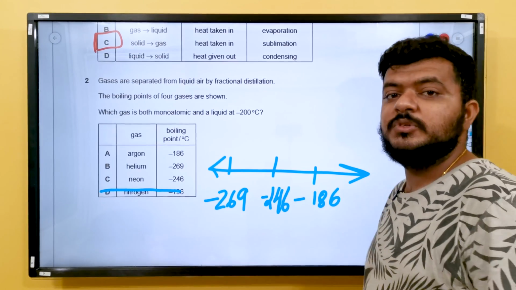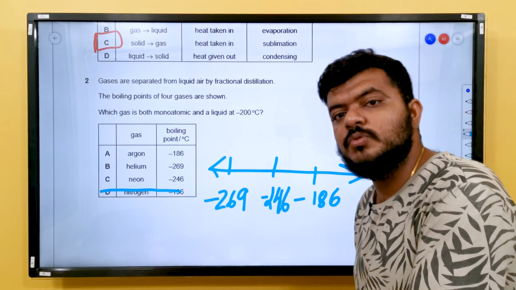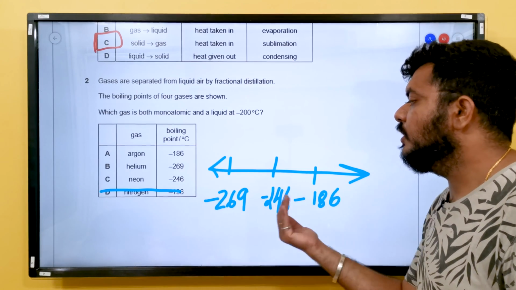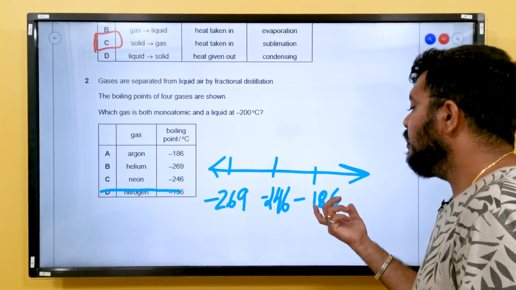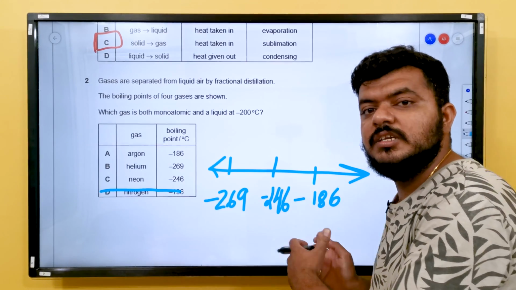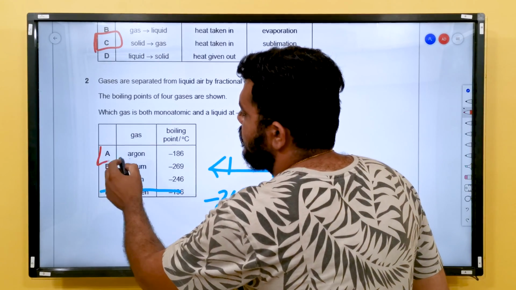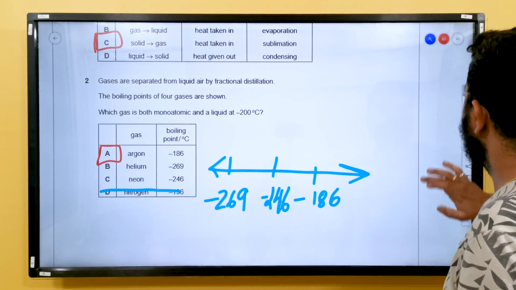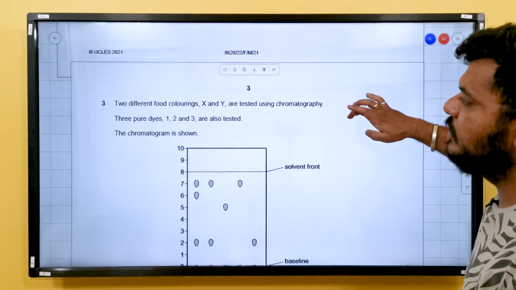Now guys, these two will be gases at minus 200 degrees Celsius because above minus 269 and above minus 246 they are gases. Only and only argon is liquid at minus 200 degrees Celsius. So your answer is argon. Let's see what the next question is.